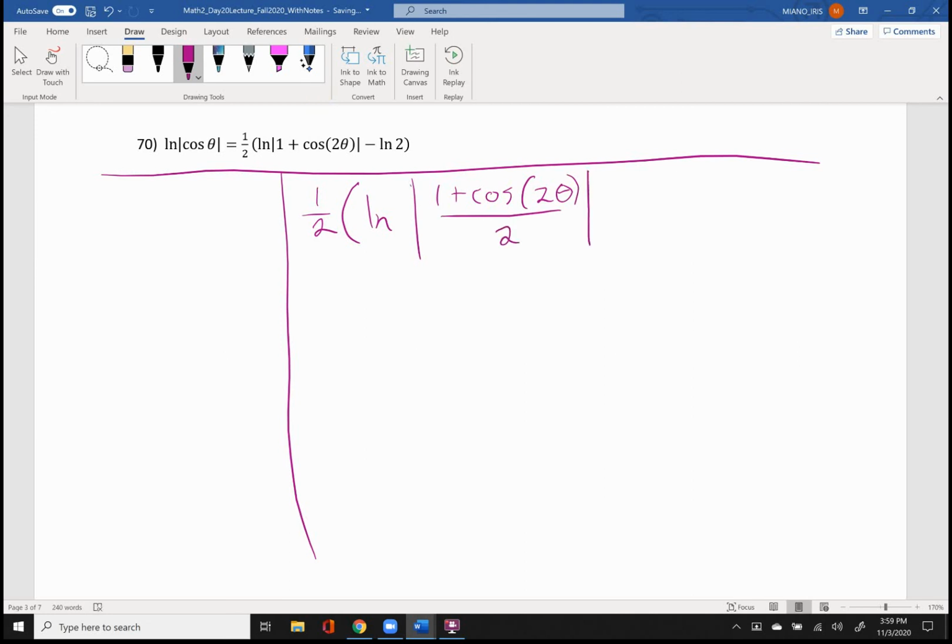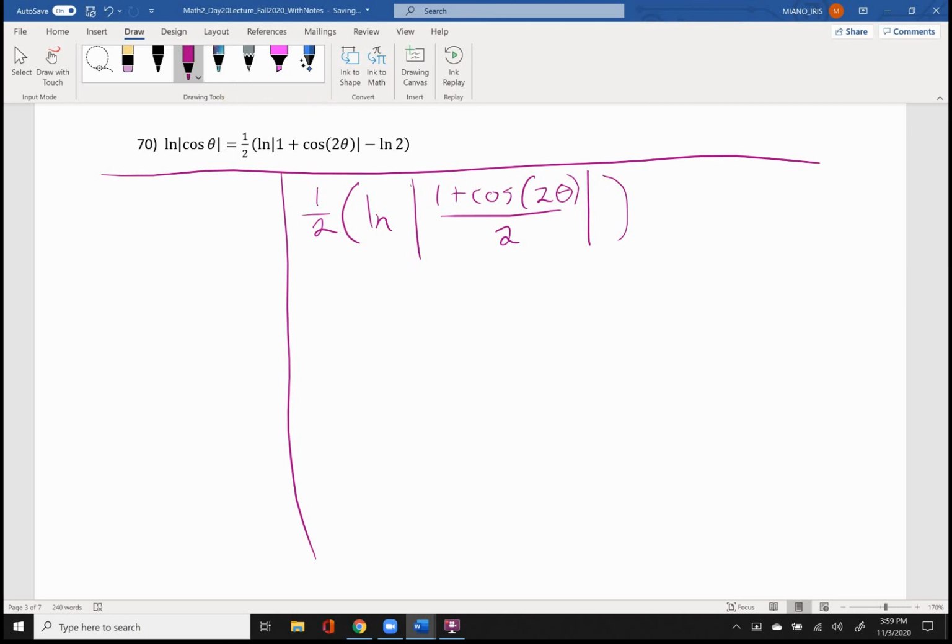Then I'm going to use this coefficient out in front of my natural logarithm as a mechanism to bring it up as an exponent on the argument of the logarithm, okay?